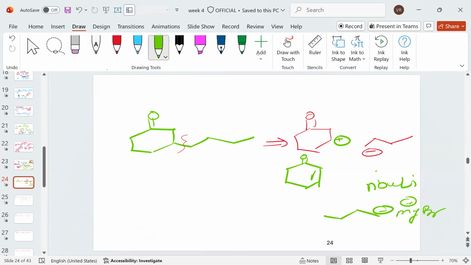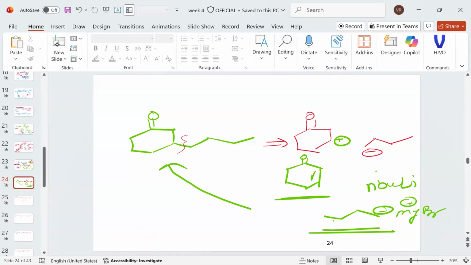So like this. This Grignard reagent plus this alpha beta unsaturated ketone can give the formation of this target molecule. So I hope this is much clearer now.